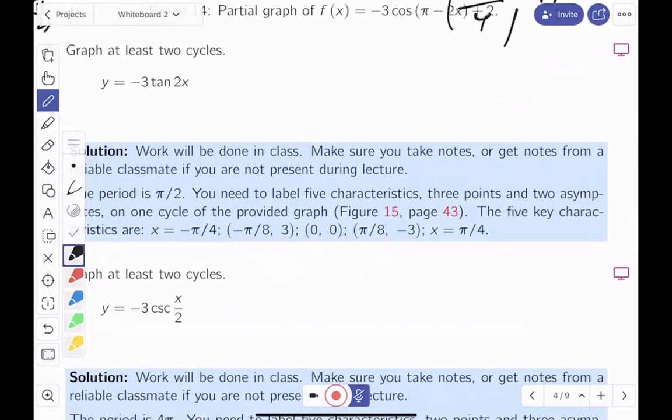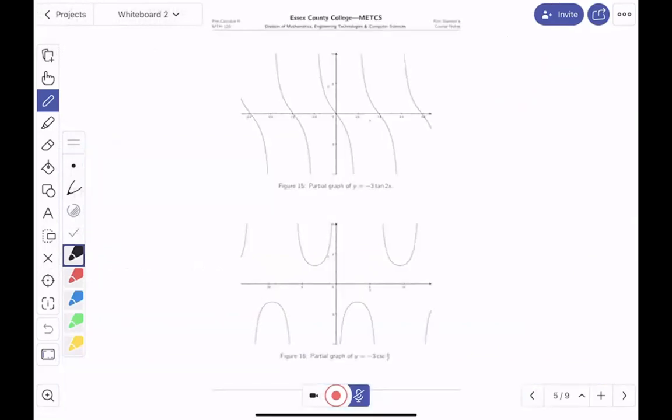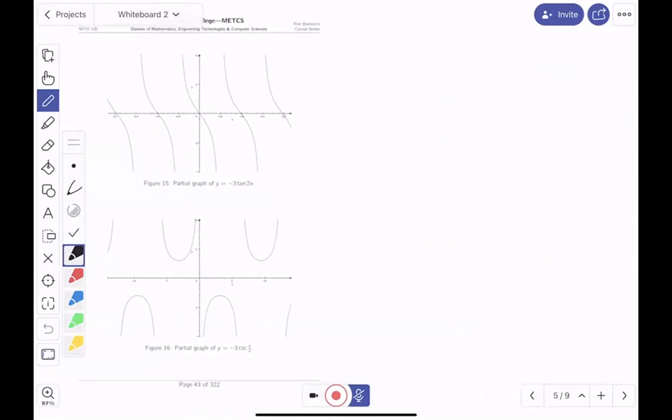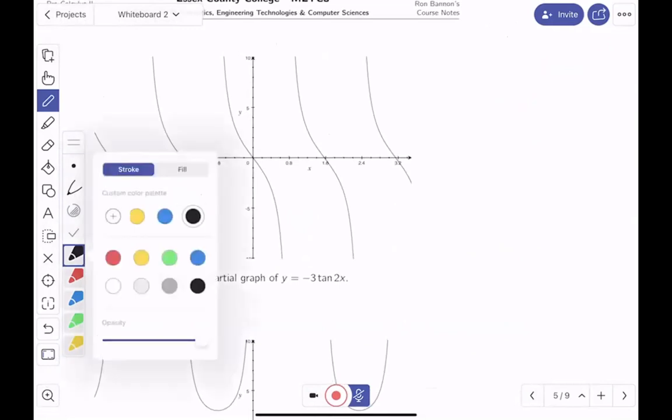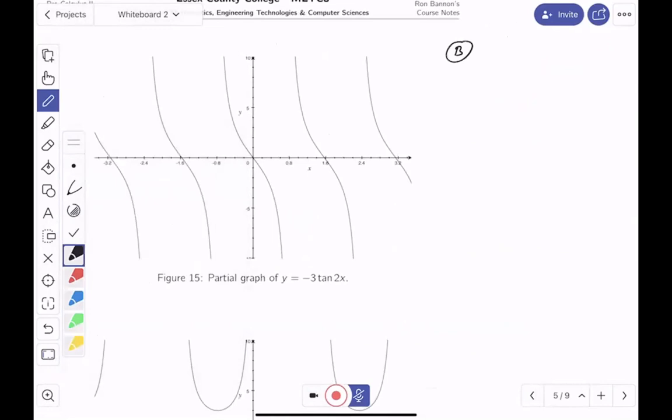Let me do that for you, which is going to be minus 3 tan of 2x. All right. So I'm seeing that picture. And we put it on the side, and we're going to talk through it. All right. So first thing I'm going to do is begin and end. And I have y equals minus 3 times tan 2x, right?